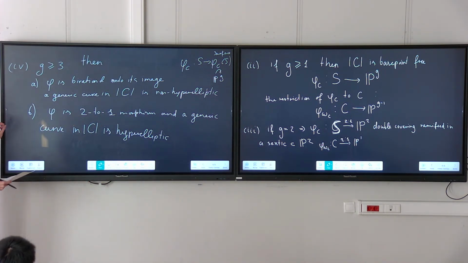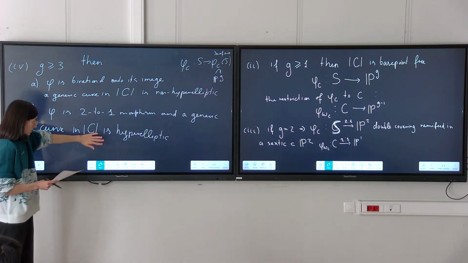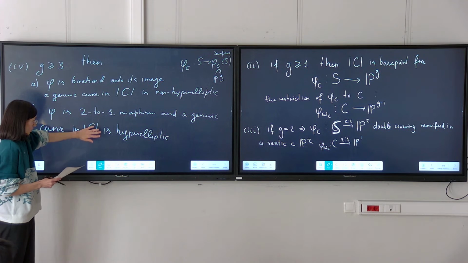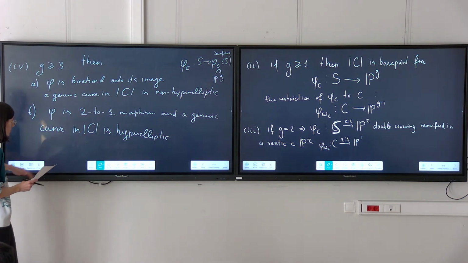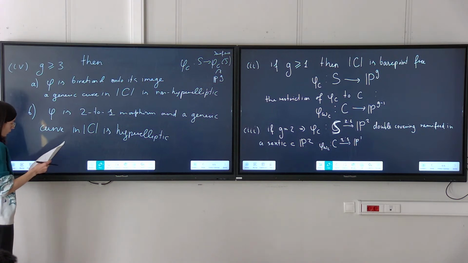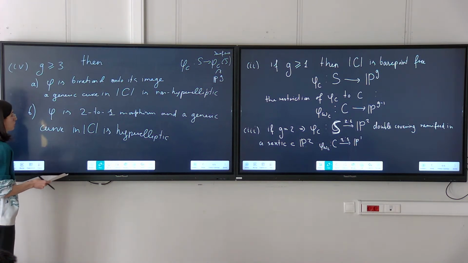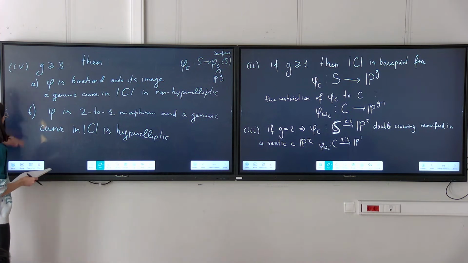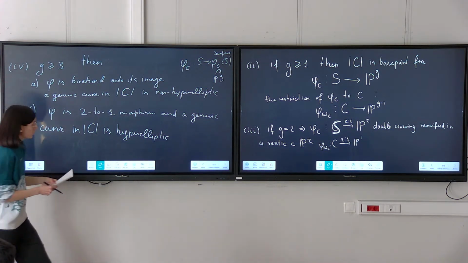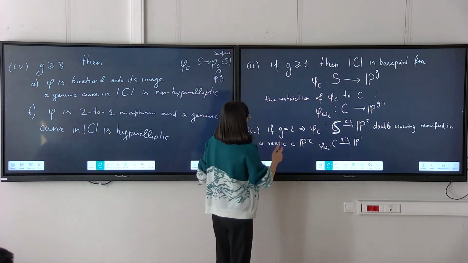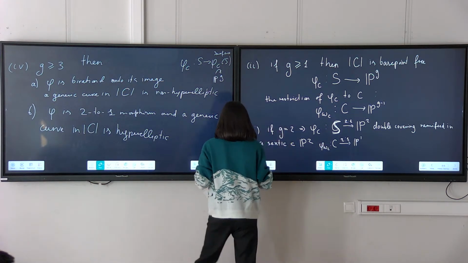It can contract some divisor, but in any case, its degree is equal to 2 when C is a hyperelliptic curve. Okay, and now let me prove this statement. Is it clear? Okay.